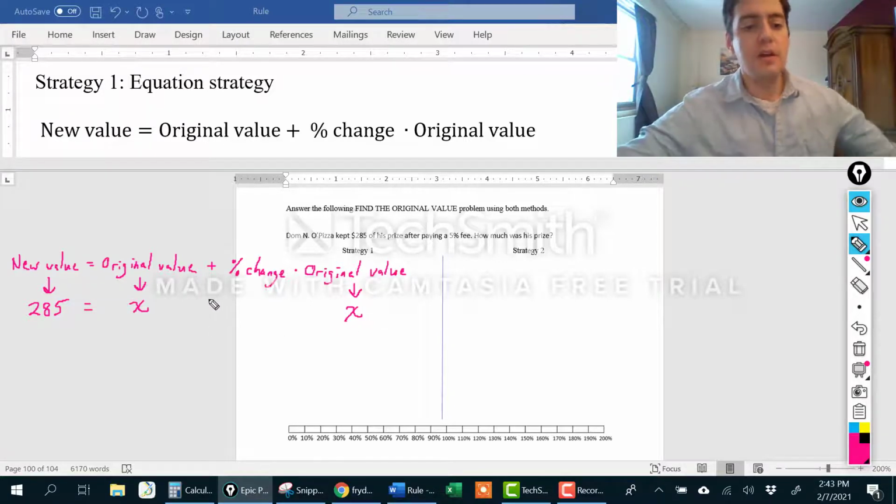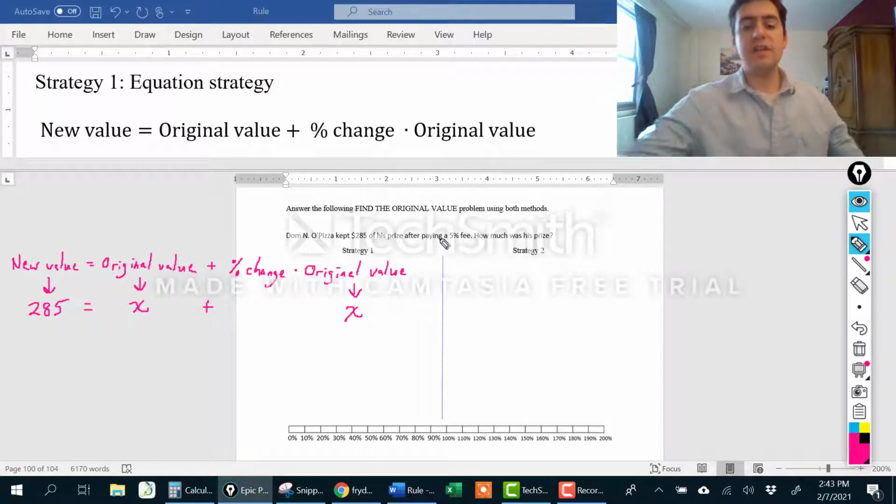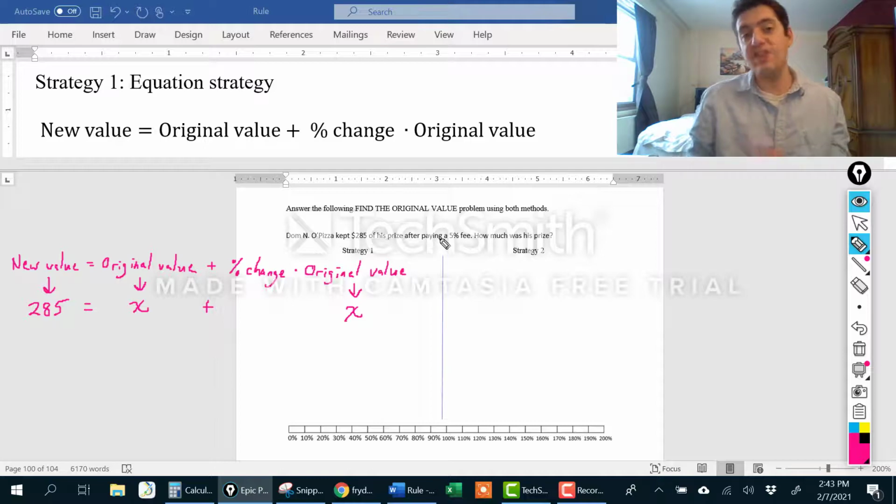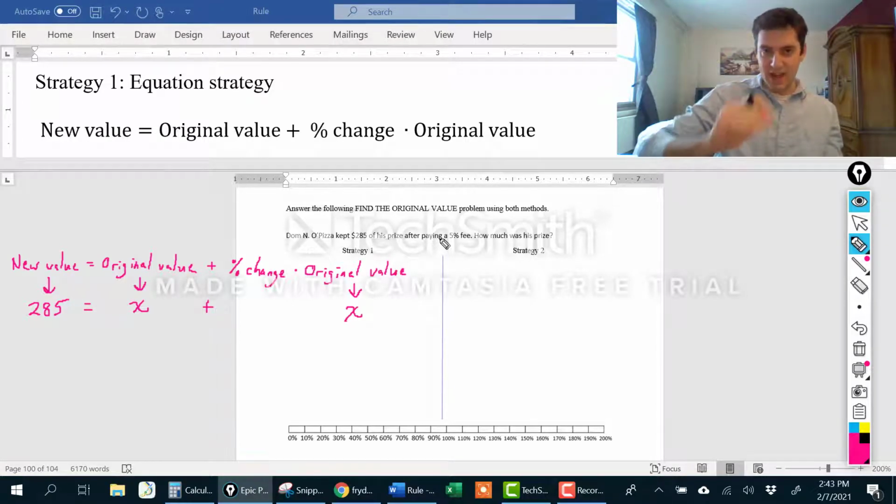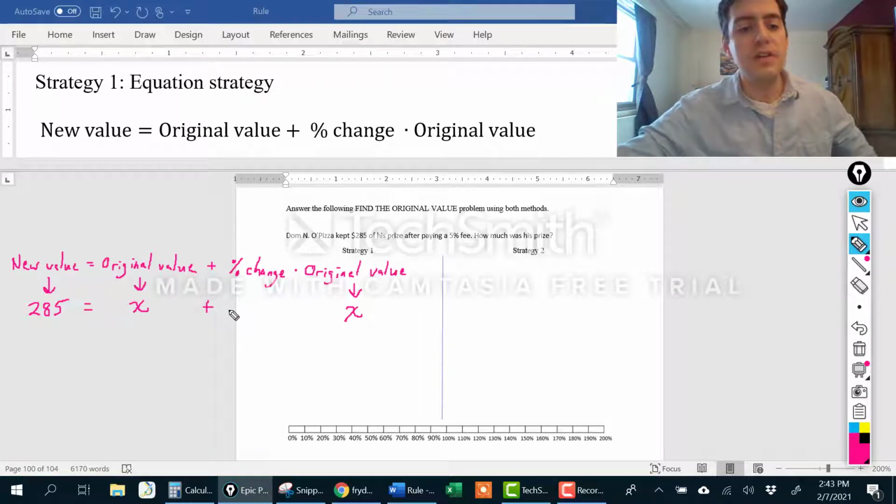Okay? Then we have plus the percent of change. Now, in this case, he's paying a fee, or he had to pay a fee. So the percent of change is negative. His money went down from paying that fee. So we would have to put a negative 5% over here, but we're going to write the 5% as a decimal, which would be 0.05.